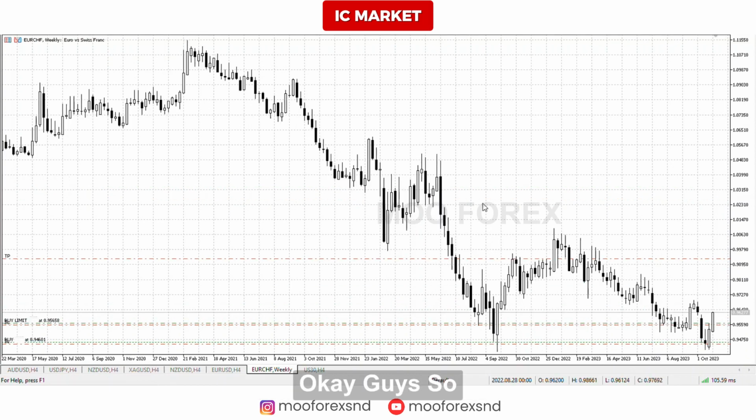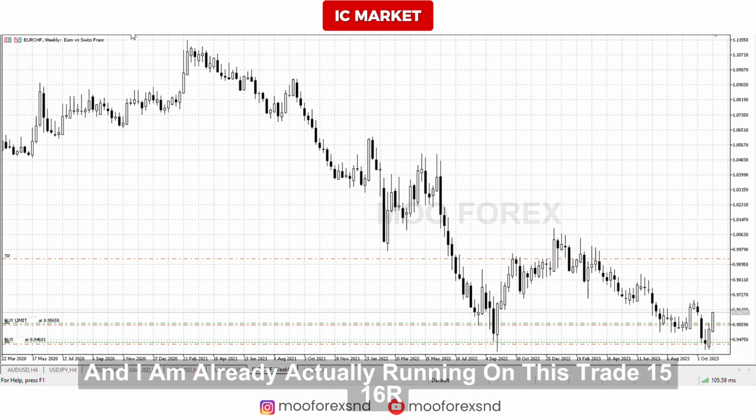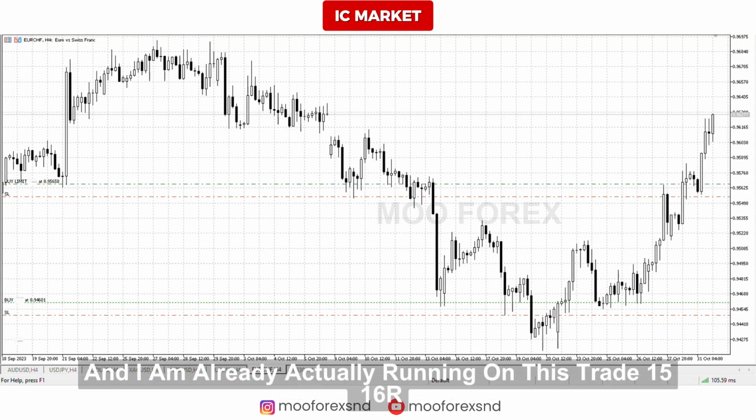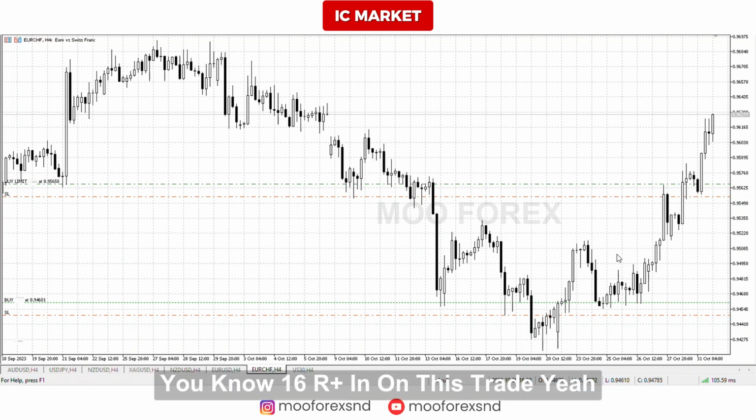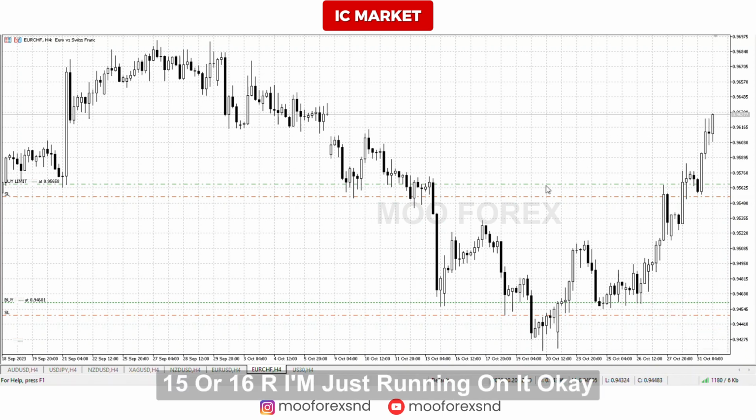So for the first trade my target is 42R, and I am already running about 15-16R on this trade.